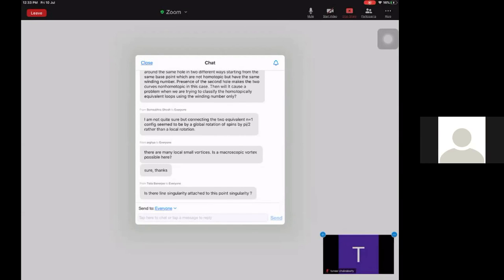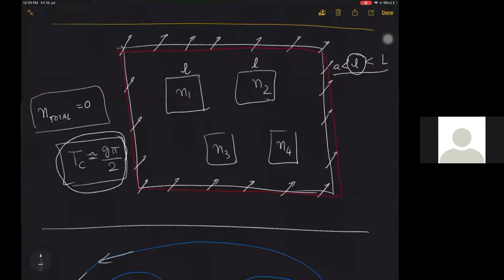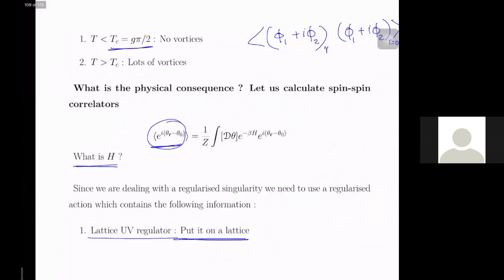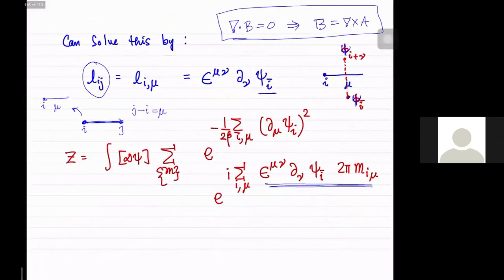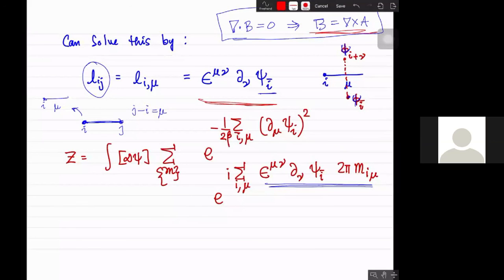Is there a line singularity with this point? Yeah, of course. You see that this looks like a curl. This relation is very similar to this relation. If I were working with 2 plus 1D or 3-dimensional systems, I could have shown you that what I get is exactly electrodynamics.